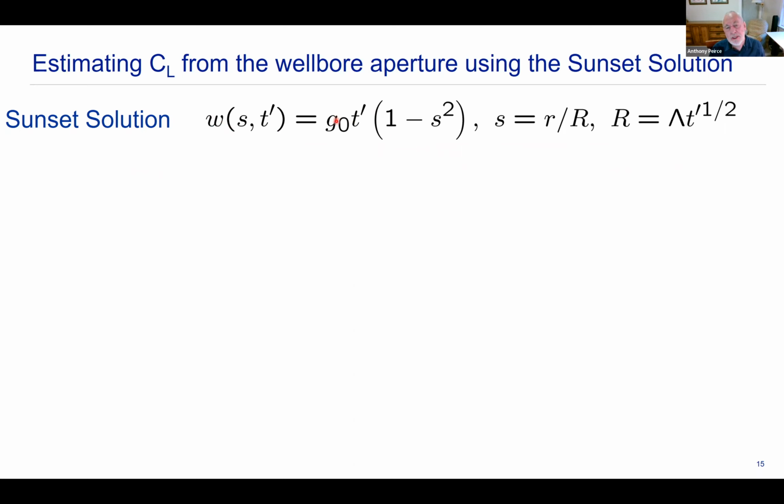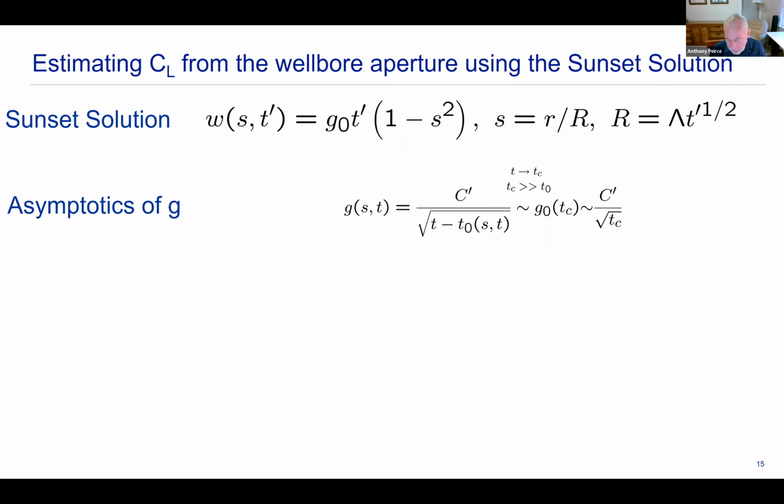That's going to give us G naught times 1 minus S. If we had it at the wellbore, S equals 0. S is not the tip coordinate, the real coordinate. So S is equal to 0, and dw/dt is just going to give us G naught. By the way, we could measure it at any other point and we'd still get G naught if we took the rate of decay. That's pure and simple.